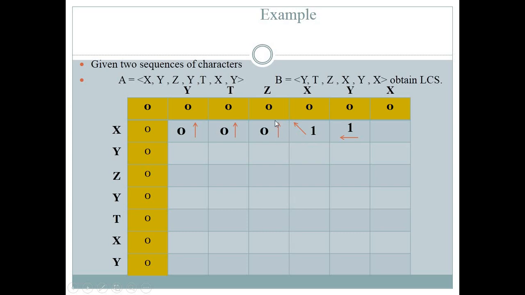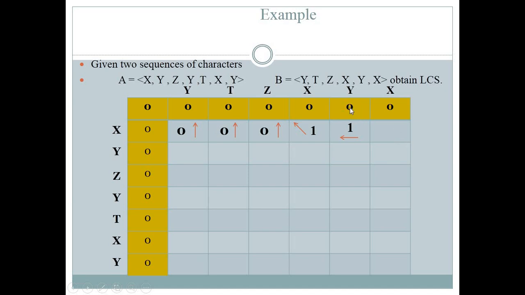Okay, so this arrow says that they have taken reference from the above side, and this arrow says they have taken reference from the left hand side. Again we will check x with this x. In that case x and x are matching, so we will put a tilde sign. After putting the tilde sign we will check its diagonal.